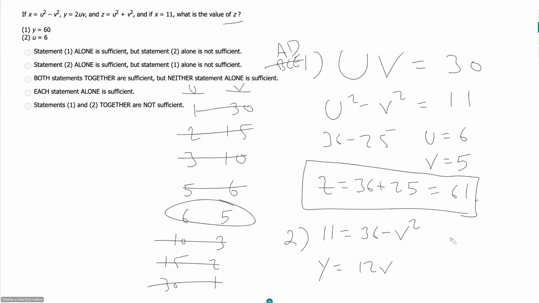We know v squared is going to be equal to 25, it looks like. And based on this, v can be either positive or negative 5, which means u can be positive or negative 6, but actually they tell us u is 6.